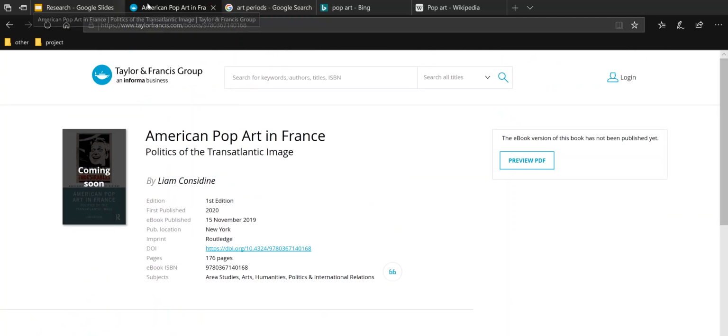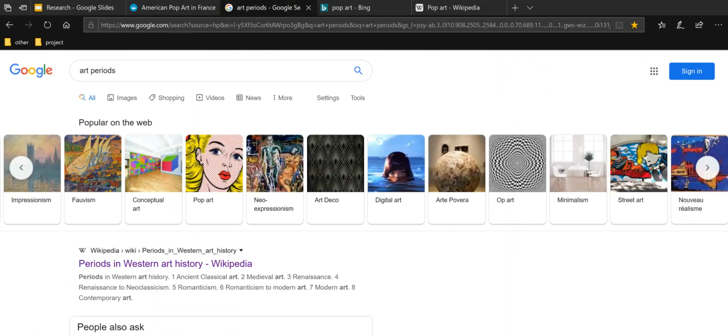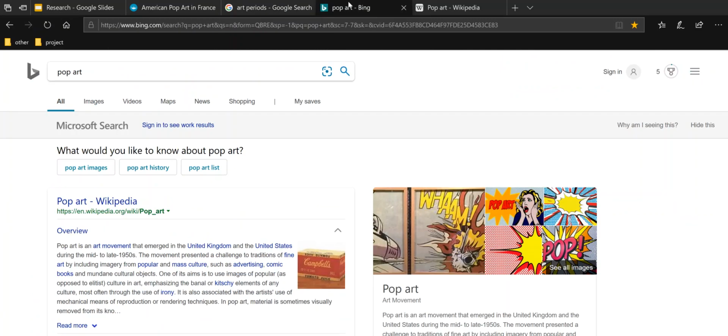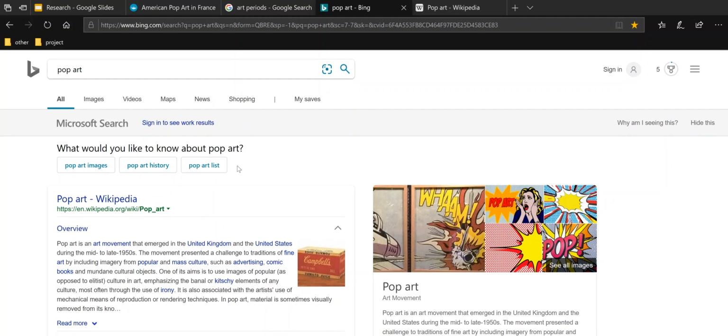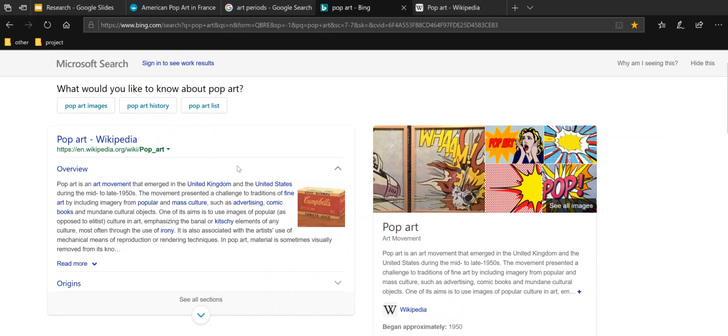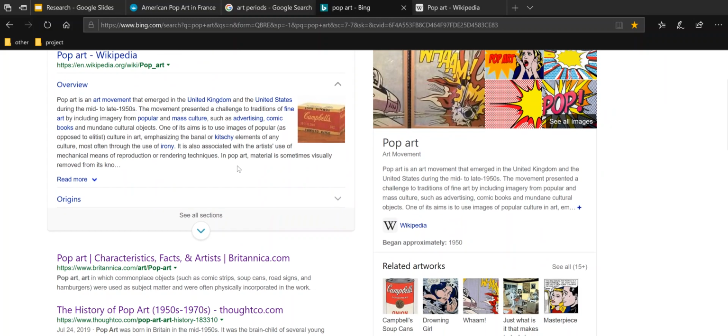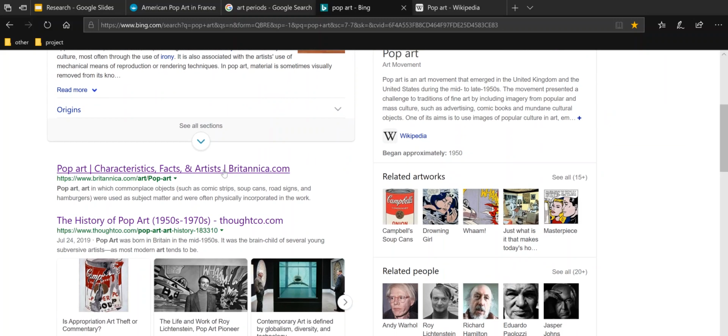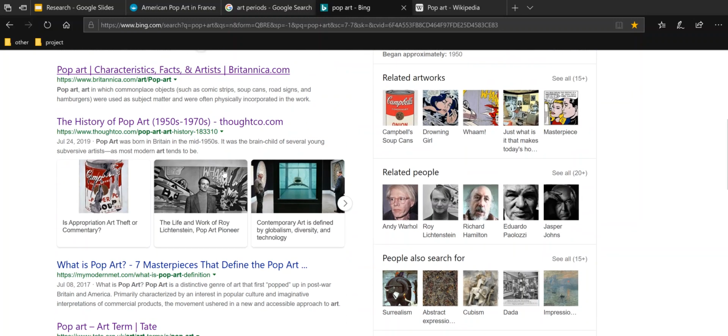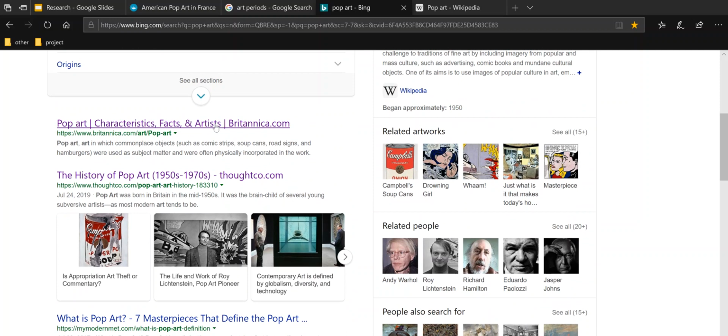All right. As you're researching, you'll probably use a normal search engine like Bing or Google. So as we're looking here, if I was researching pop art, I would Google it or use Bing, and say I want to use Britannica.